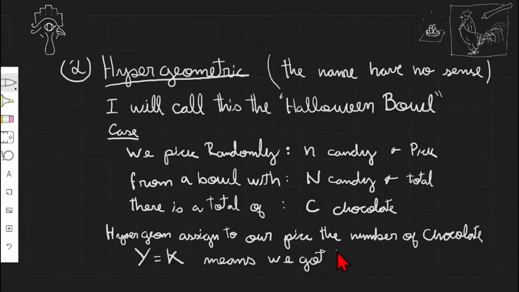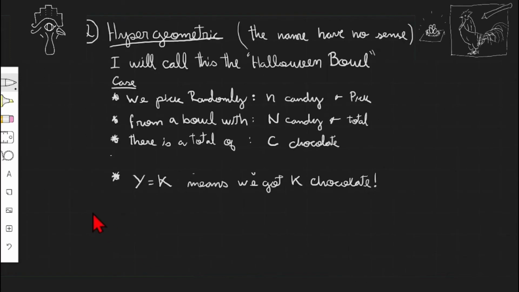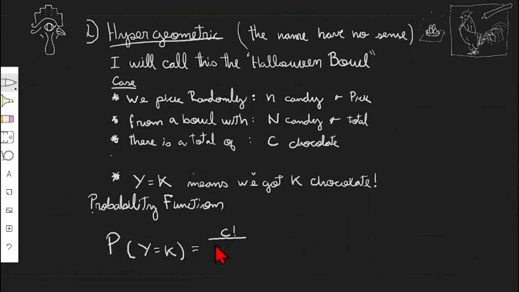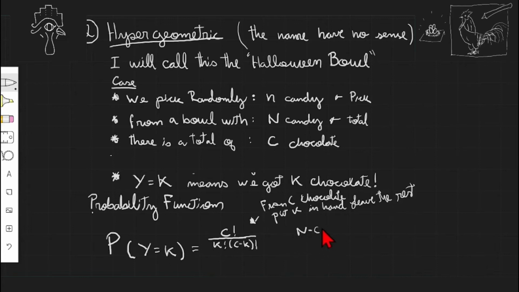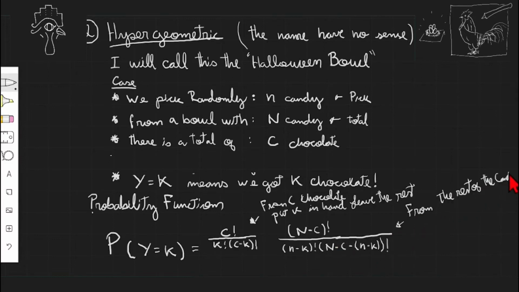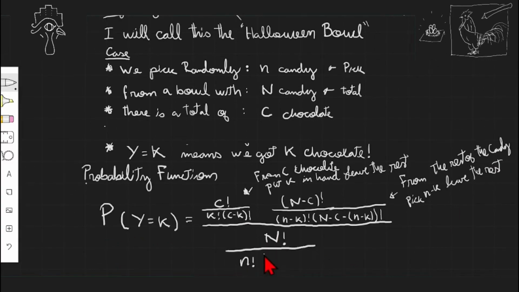Let's zoom out to continue. We give equal probability to each choice of candy. The probability function is the different ways to pick k chocolate from C, times the different ways to pick n minus k non-chocolate from big N minus C, over the different ways of picking small n candy from big N candy.